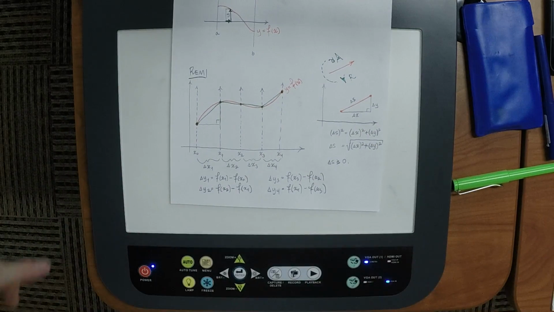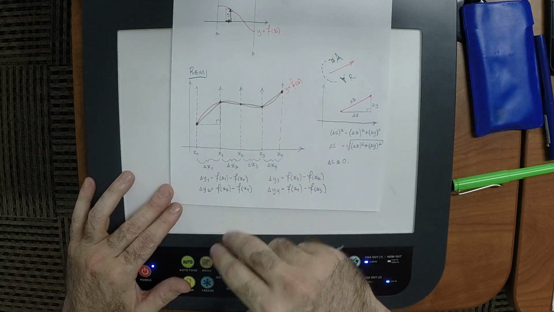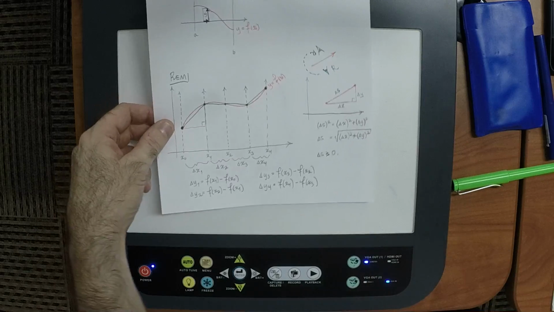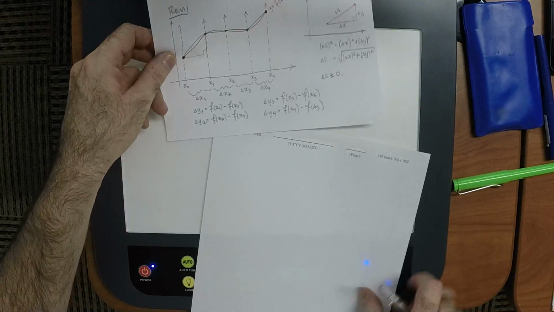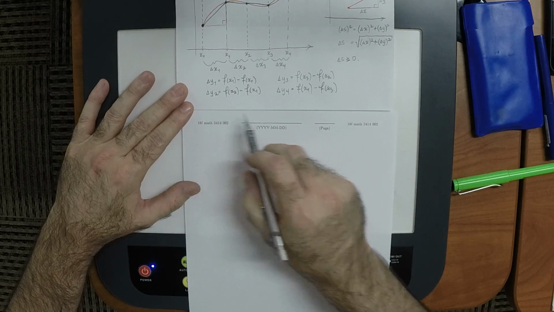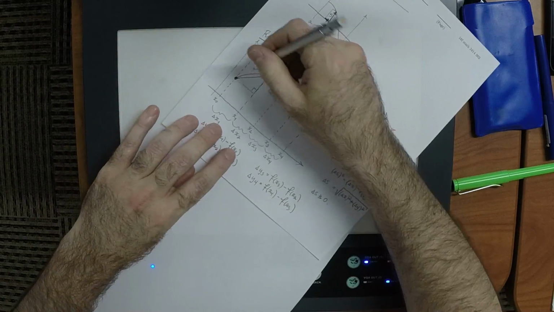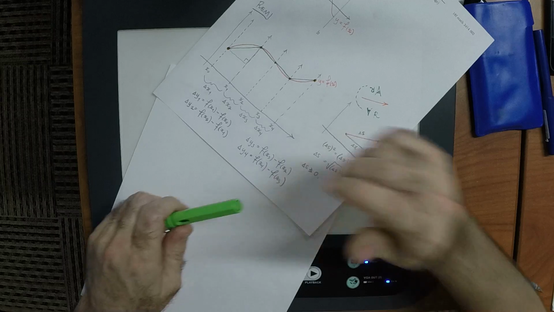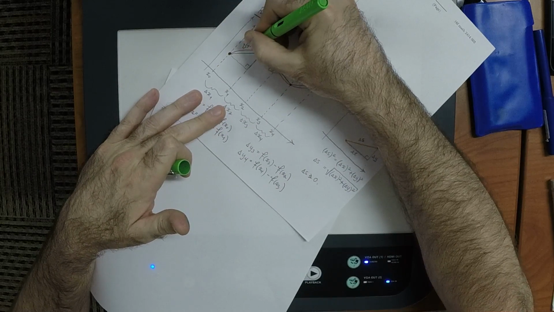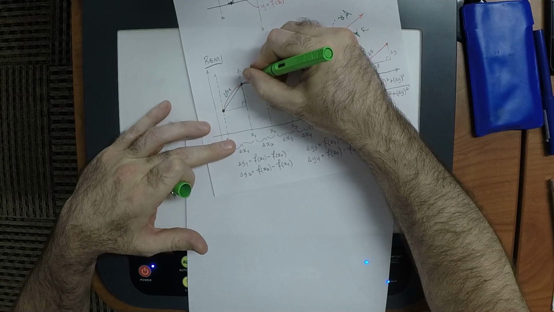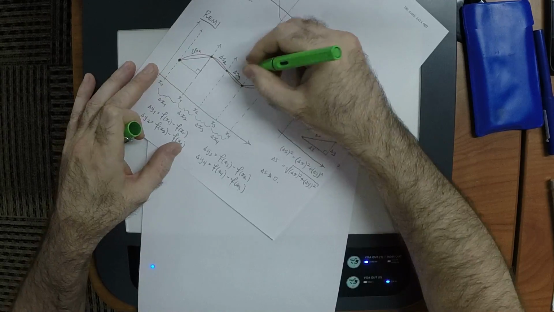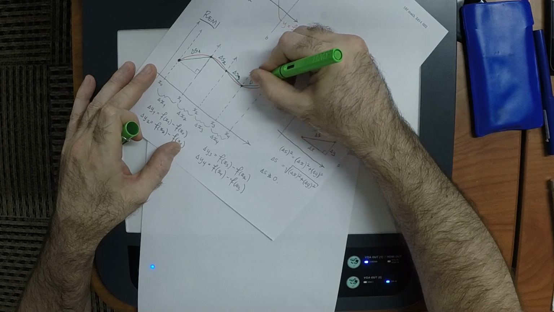So now we can find the length of each one of those green pieces. So I'll refer to each one of these green lengths: that green length will be delta S1, this one delta S2, this one delta S3, this one delta S4.